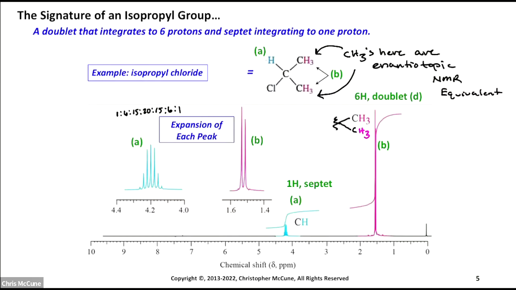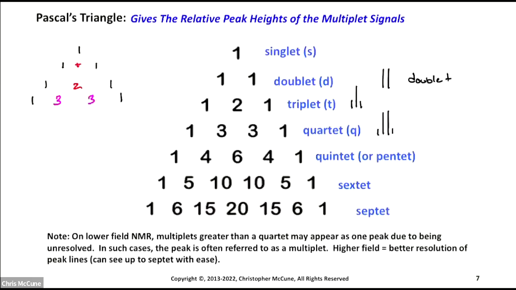You can see that this peak here is 6 times taller than that smallest line, right? And so Pascal's triangle is nice to give us a sense for what the peak height ratio should be for those perfect multiplet patterns.